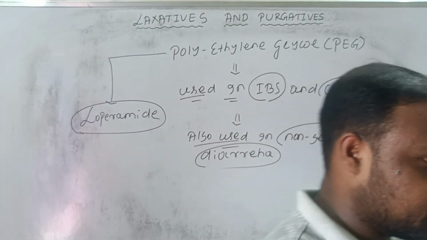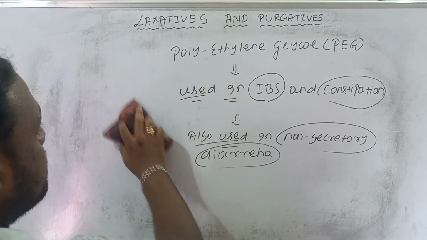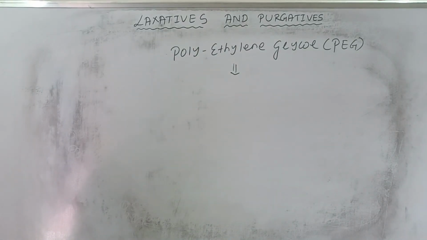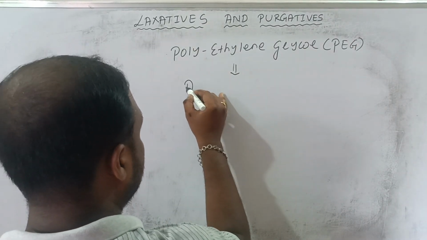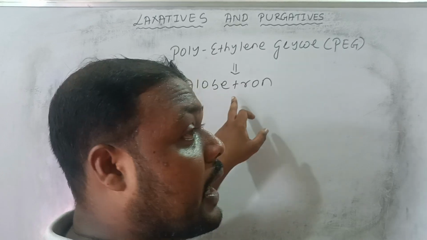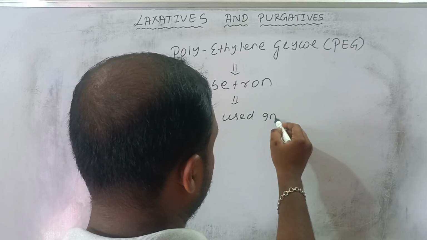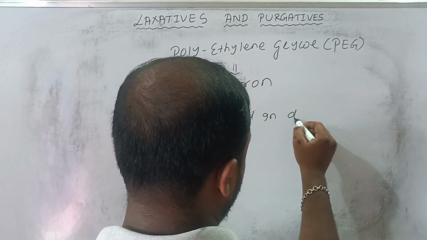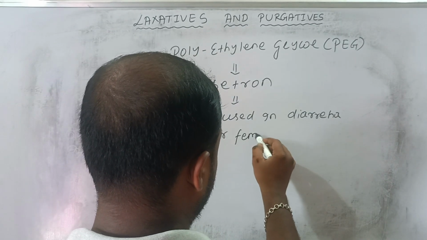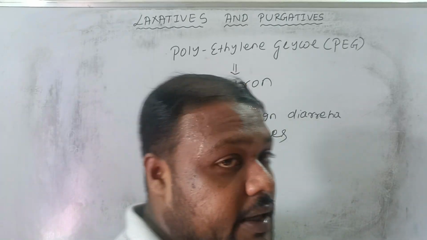Then alosetron. Another drug in this group is alosetron.